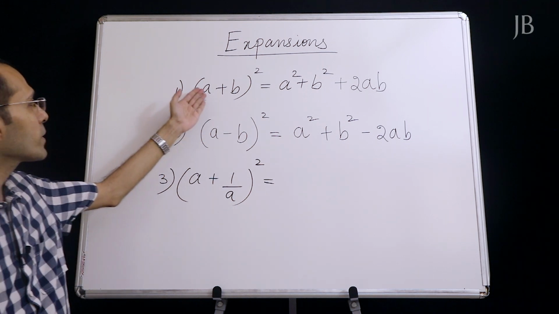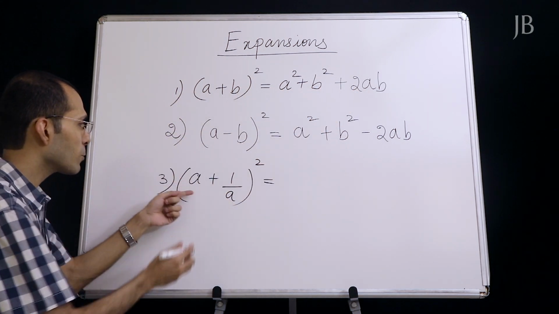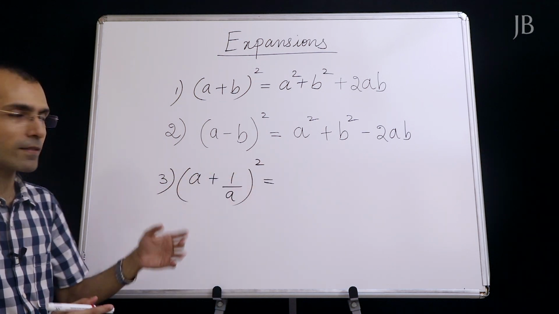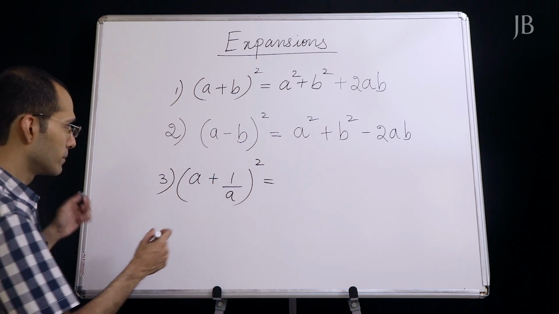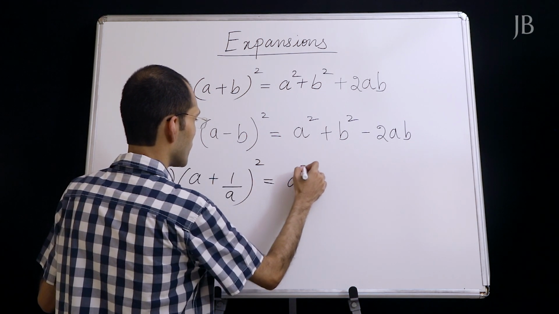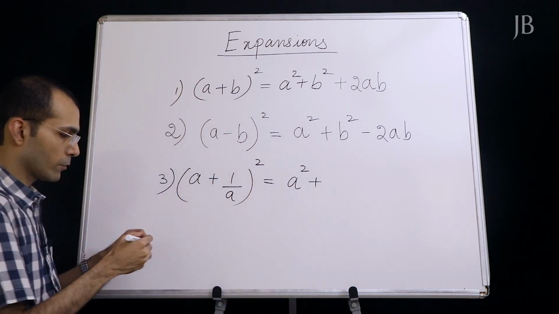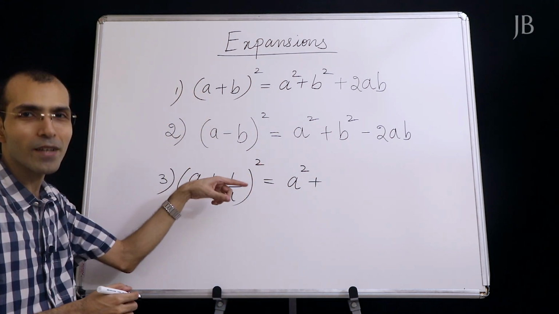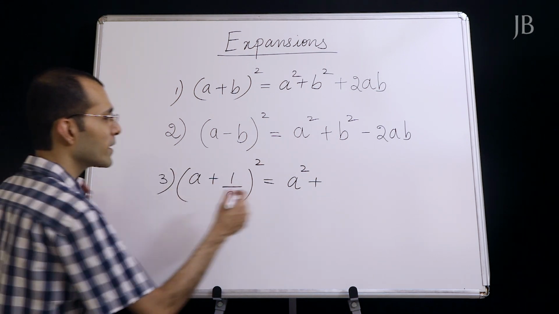So what treatment you gave here to a and b, same treatment you apply to a and 1/a, and you will get your answer. So let's see (a + 1/a) the whole square. Square first term, square second term, so it is (1/a) the whole square, that is 1/a into 1/a, so it is 1/a square.